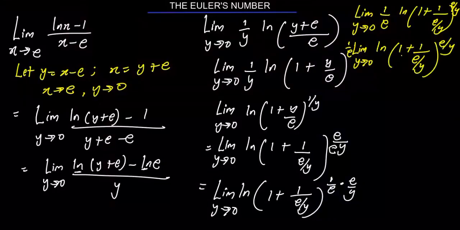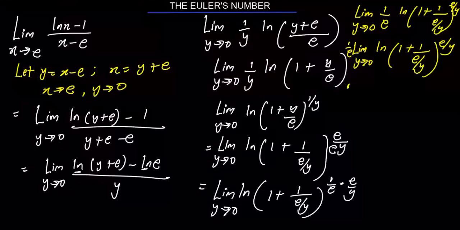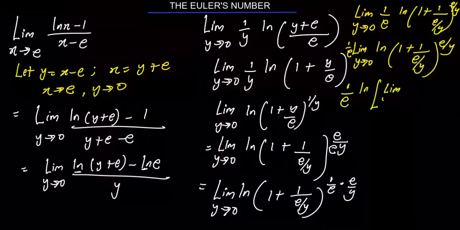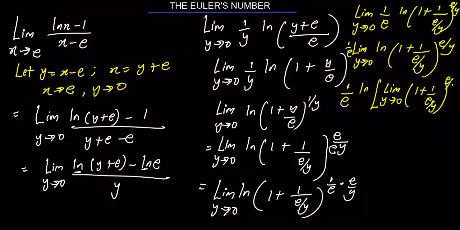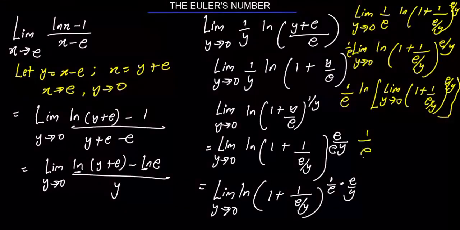This limit can penetrate inside this logarithm, so I'll be having 1 over e of ln of the limit as y tends to 0 of 1 plus 1 over e over y raised to power e over y. So this is what I have, and check it out. This is our normal law, which is equal to e. So I have 1 over e ln e.